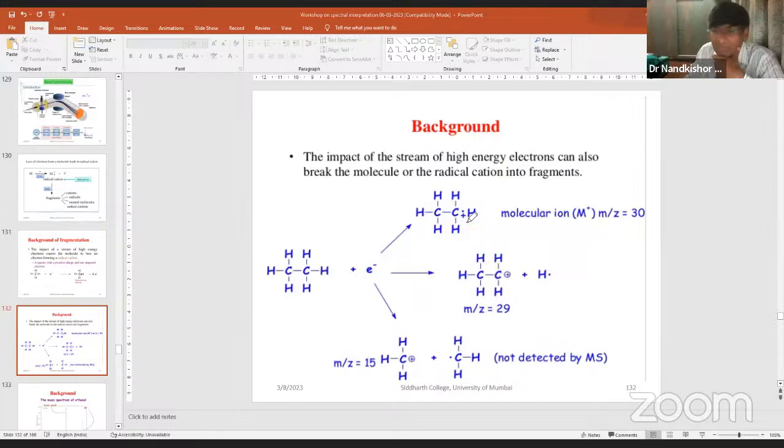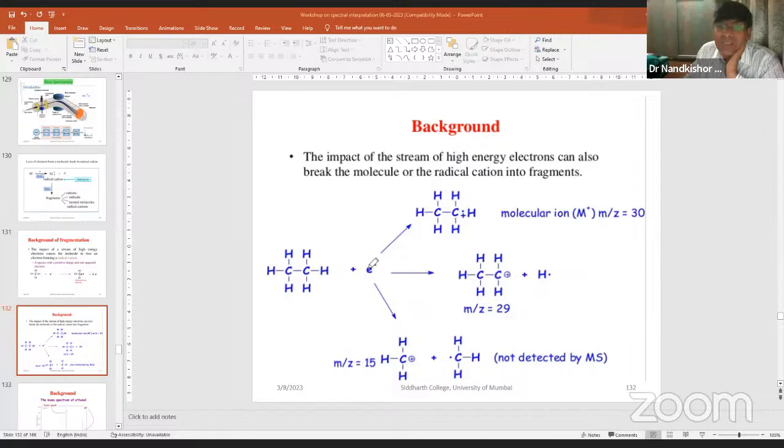One electron has been removed, so the overall molecule is considered to be a molecular ion. So this m/z is 30, 15 plus 15. Suppose one of the H has gone out. So this H radical has gone out, and this ethyl carbocation is left. So this mass is 29 because one H is lost. So m/z is 29.